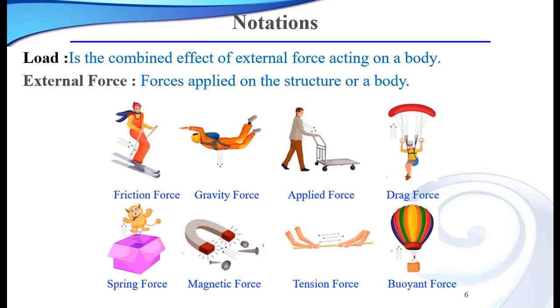Let's also understand the notations like load, which is the combined effect of the external forces acting on a body. And examples are friction forces, applied forces, drag forces, spring forces, and many other forces.